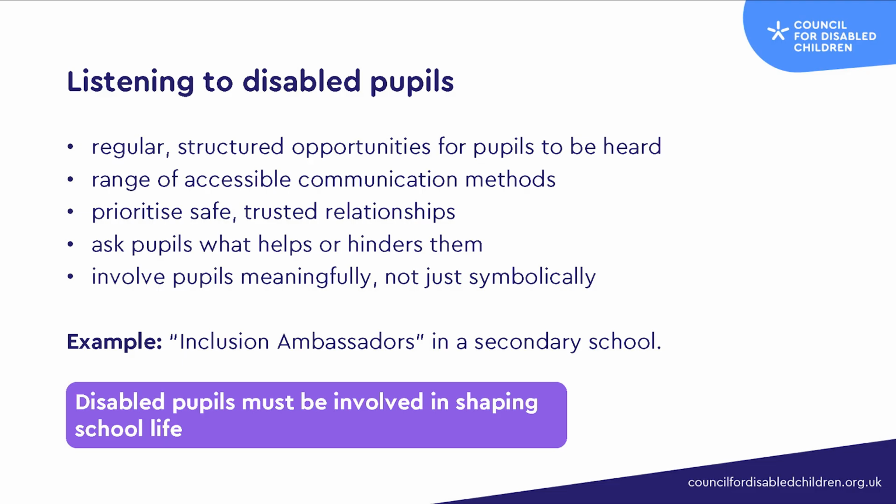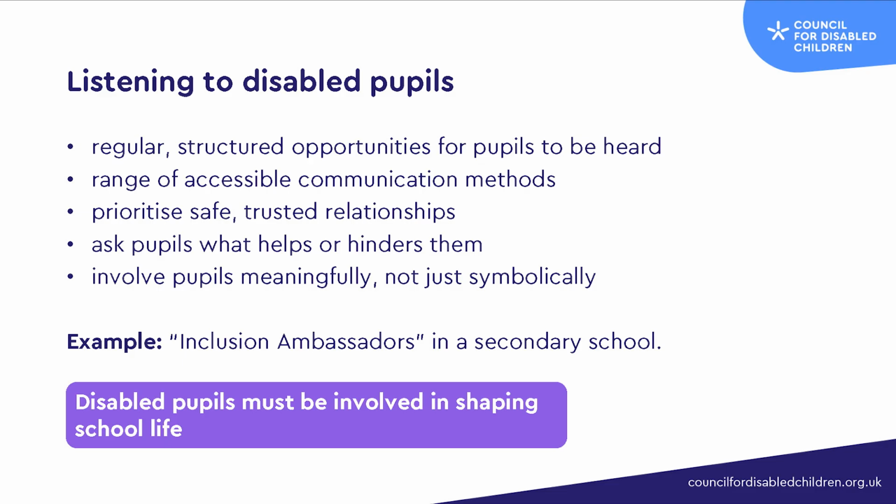For some schools, that might look like inclusion ambassadors or pupil forums. For others, it's built into mentoring, EHCP reviews, or daily check-ins. It also means thinking about a range of accessible communication methods. Not every pupil, as we know, communicates in the same way, and here's where your expertise really comes in.